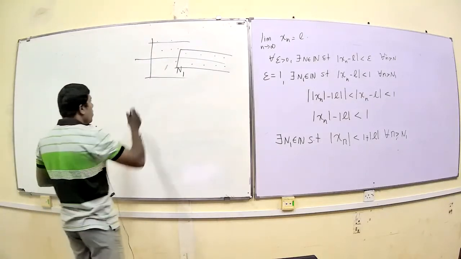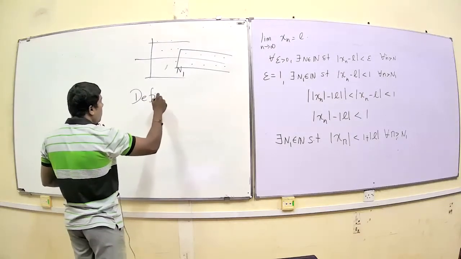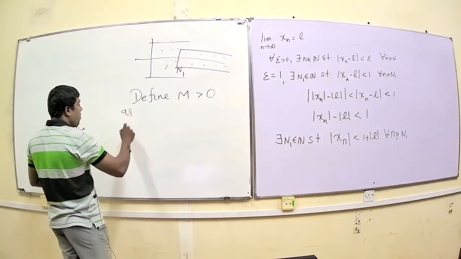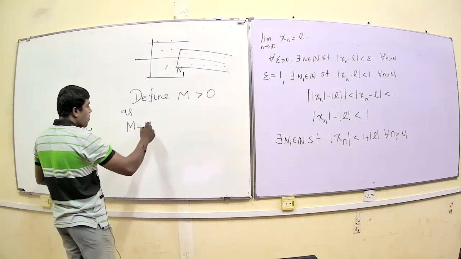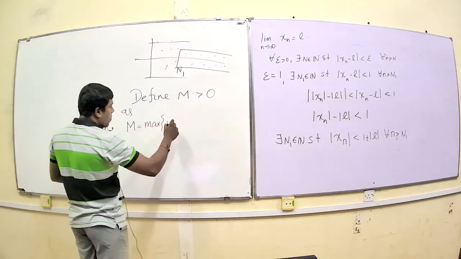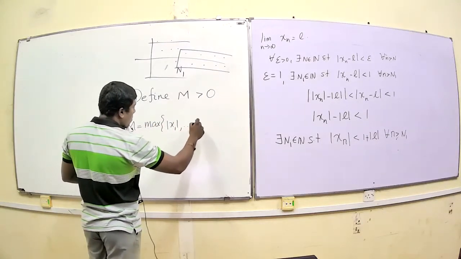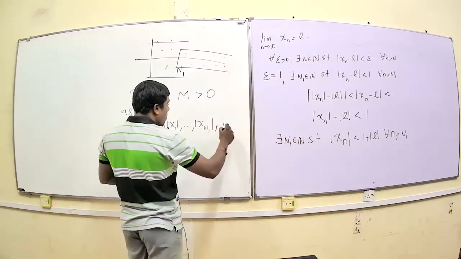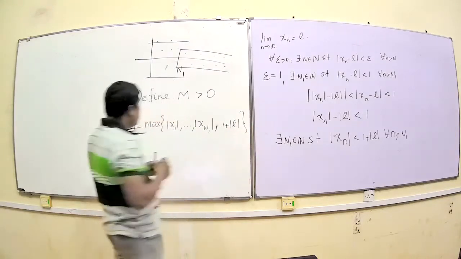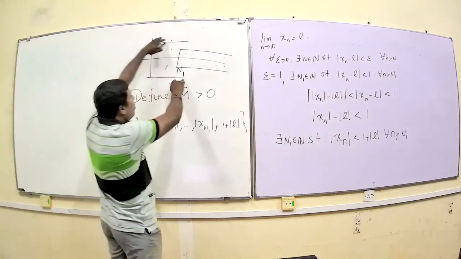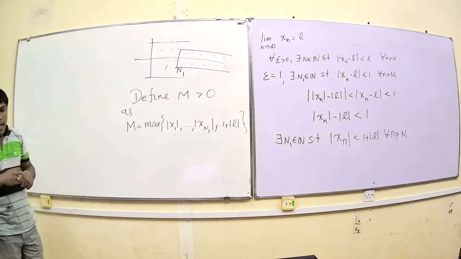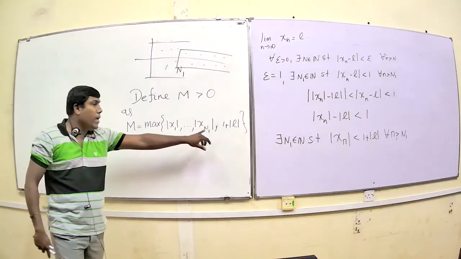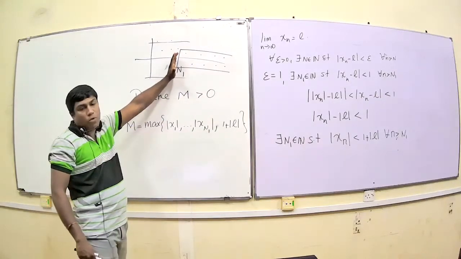So in order to say that here it is bounded too, we take the maximum of the values x1, x2 up to xn1, because up to xn1 is the problem you have.